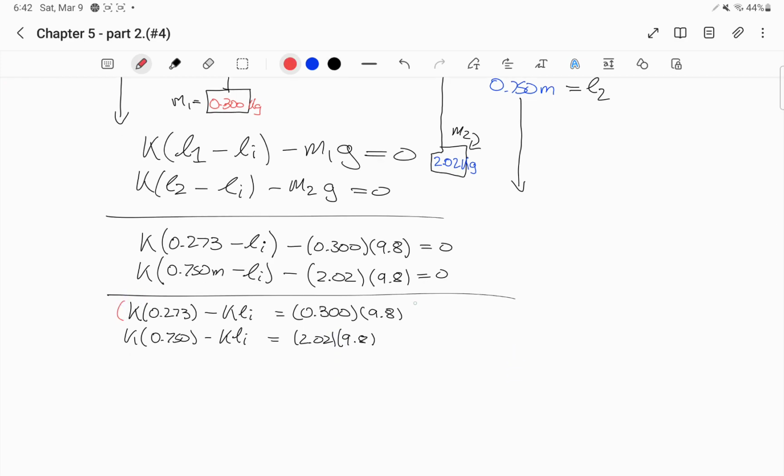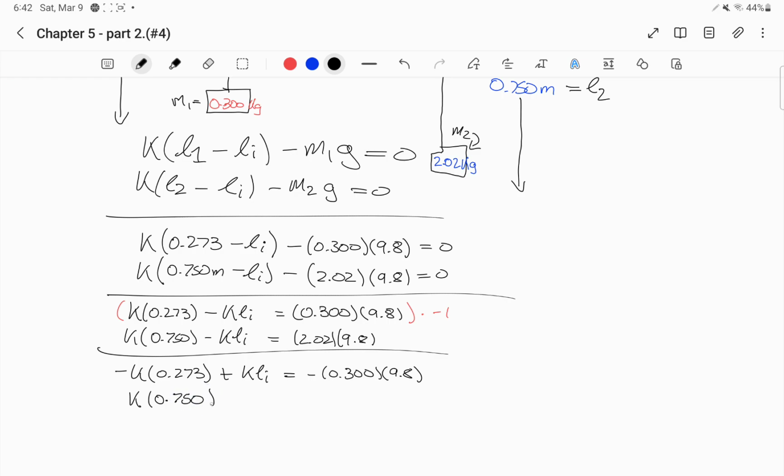Solving by elimination, we can multiply the first equation times -1. And this will give us negative K times 0.273 plus K times L initial, which is equal to negative 0.300 times 9.8. Rewriting the bottom, we'd have K times 0.750 minus K times L initial is equal to 2.02 kilograms times the force of gravity, which is 9.8.